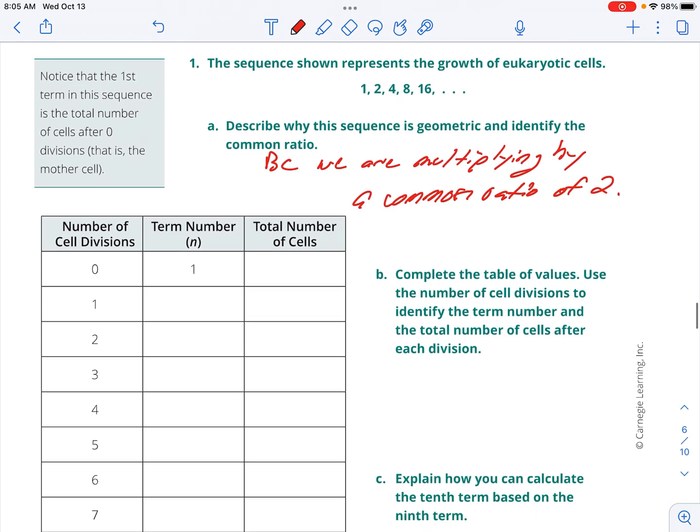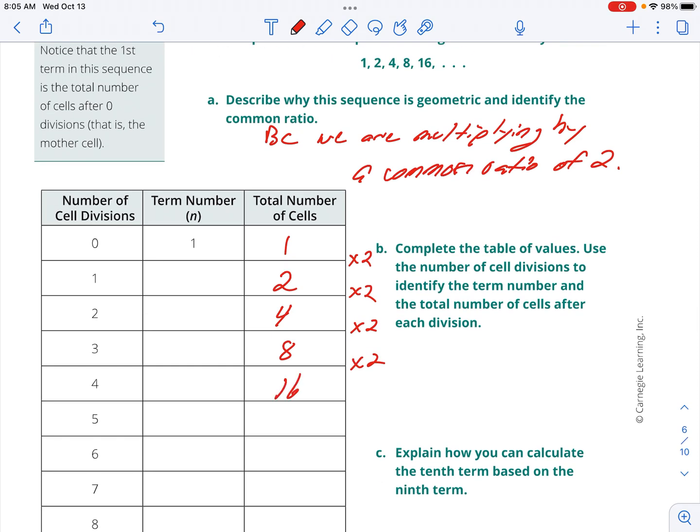So the mother cell is in the petri dish, then it divides and we get two daughter cells. Another division, and those two daughter cells create 4 daughter cells, and we keep going like that. Each division creates 2 times the amount.